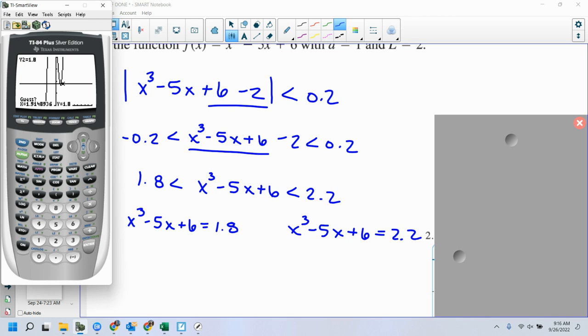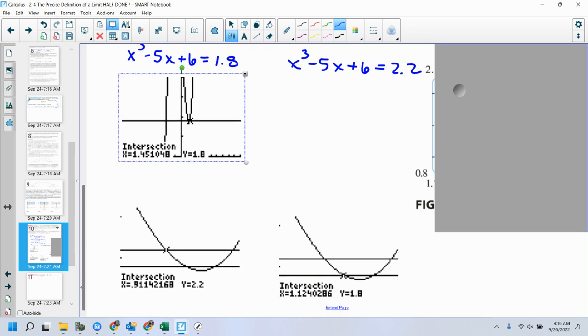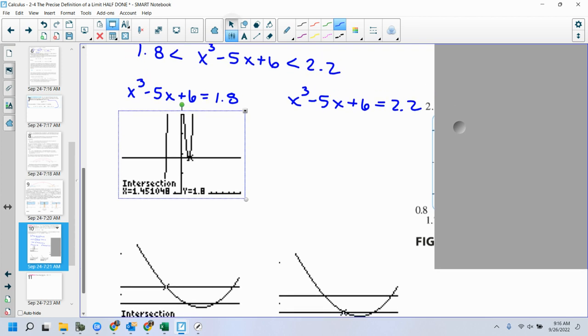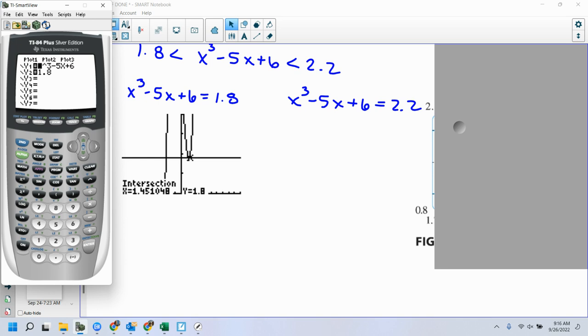There it is, 1.45. 1.45 is my x value. Now, I do that same thing with my upper boundary to do 2.2.